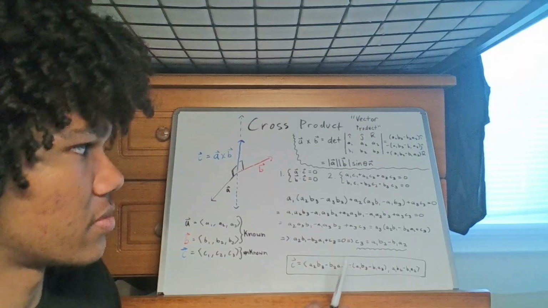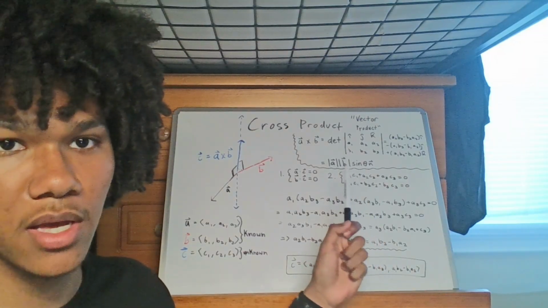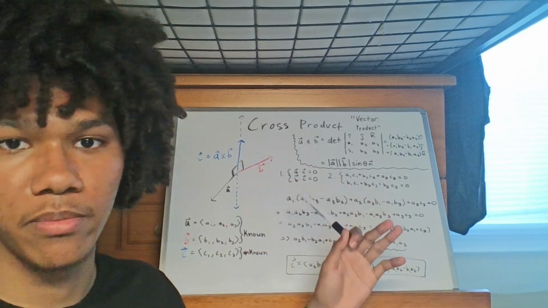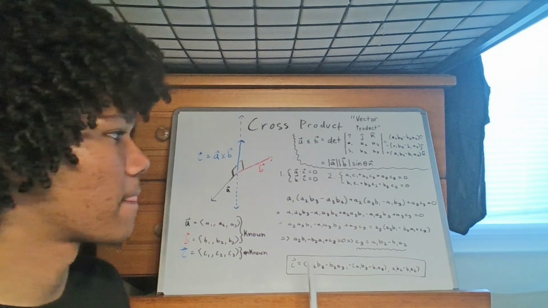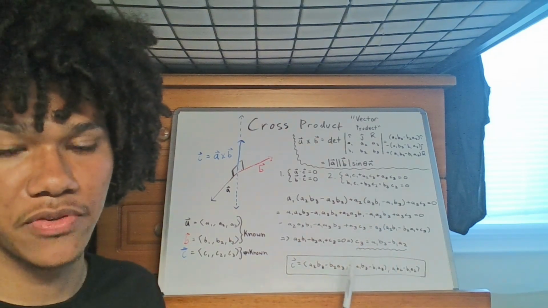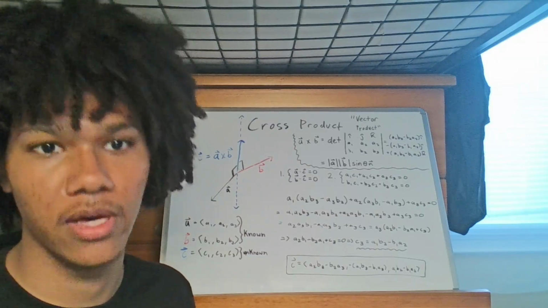Remember, the first thing we did was we canceled out C3. We multiplied each equation by the third component, or by A3 and B3 respectively. And what that did was cancel out C3, and C3 is the final thing we solved for. Now, like I said, you didn't have to do that.